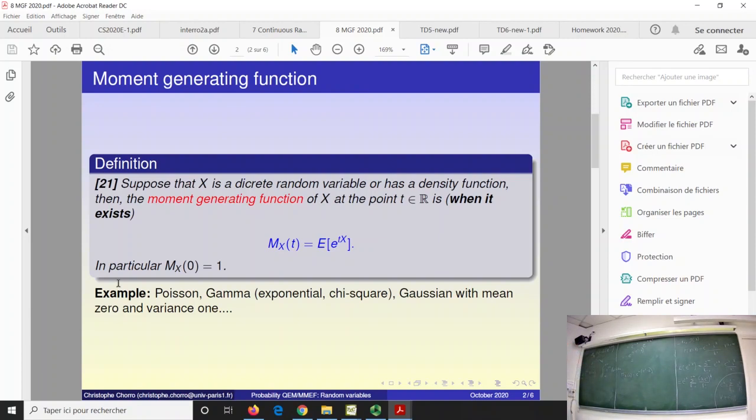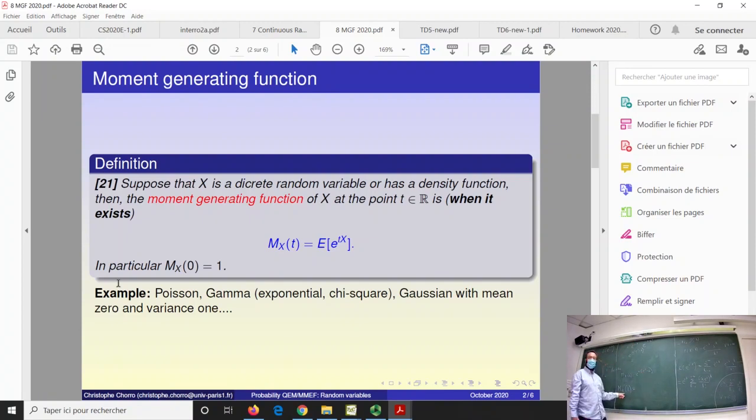So let's remark one thing. If I compute the derivative of the moment generating function, what do I obtain? It is of the form exponential of u, so it is u prime times exponential u. What is u prime? U prime is lambda exponential t.